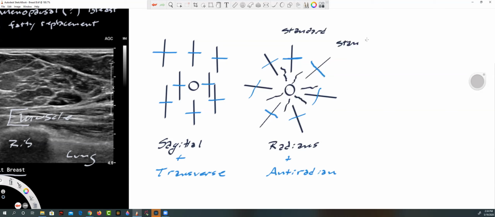Standard. In other words, when I say standard, all I'm meaning is that you're holding your transducer with the head. You know what? Let's put an arrow. Forget the standard, that confuses things. The arrow is the head of the transducer. At some point, you're not going to keep going until you're holding your transducer completely backwards.